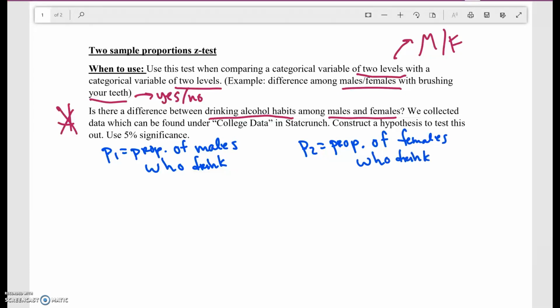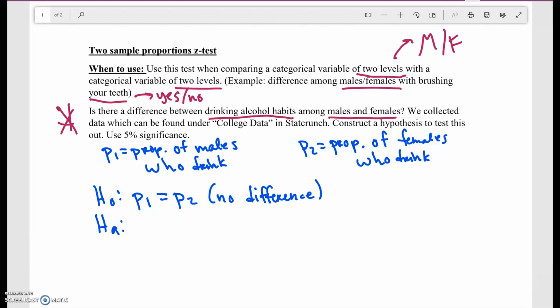So notice that we only have 2 options. Now, my null hypothesis, my H0, is going to be that the proportion of males who drink is equal to the proportion of females who drink. So here it says that there's no difference. There is no difference between drinking habits and gender.